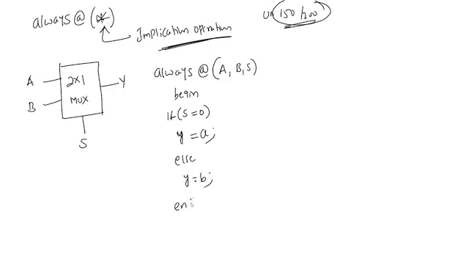End module. So here you are using A and B, no? Here this is A, this is B. You are using A, B and S, no? So these are nothing but the sensitivity list. Whether you are using them or not, that will be applicable for all the inputs. Is it fine?